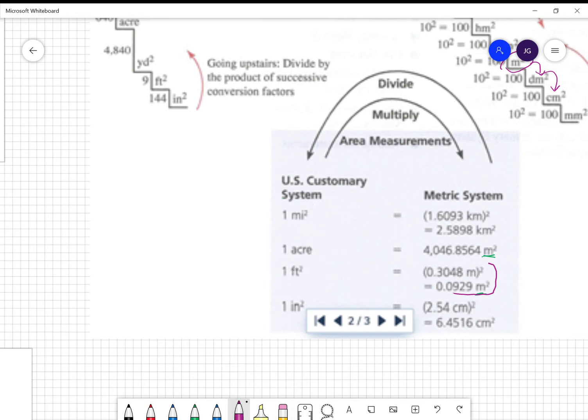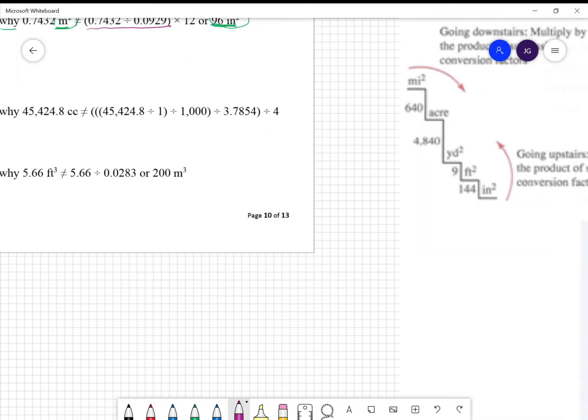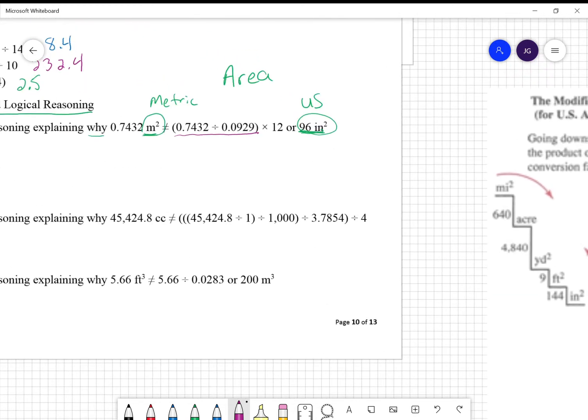And they converted to feet squared. And we're going metric to US, so we're dividing. So the first step was right. They divided by 0.0929. So this is okay.